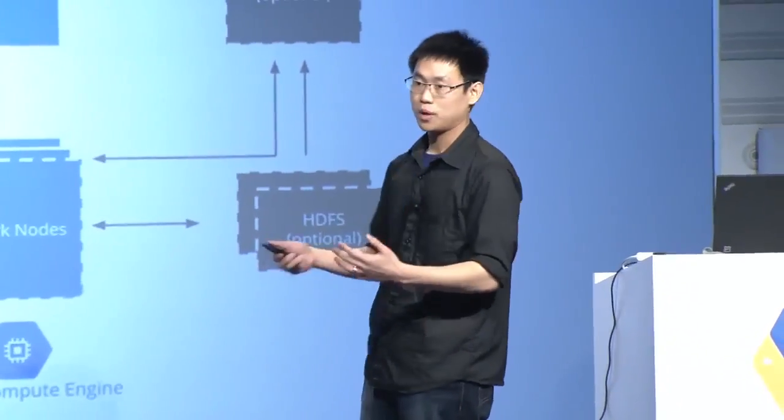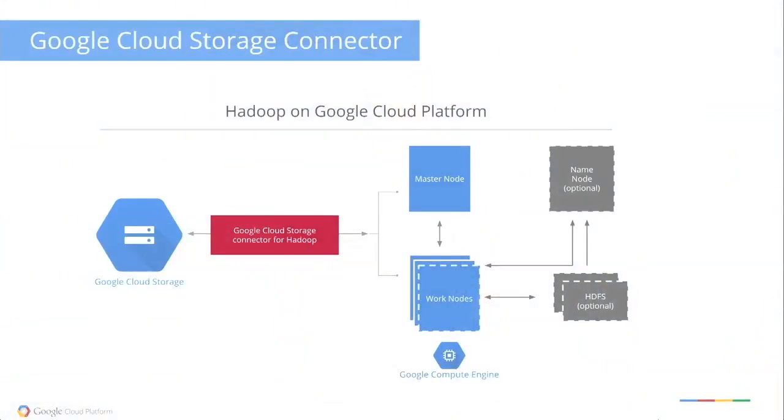And that brings us to one product that we have available for you to use now, which is the Google Cloud Storage connector for Hadoop. This is built on top of the aforementioned standardization by implementing the Hadoop file system interface. What this allows is for you to install this connector onto your Hadoop clusters and to replace at least a portion or all of your data access needs using Google Cloud Storage instead of Hadoop HDFS.